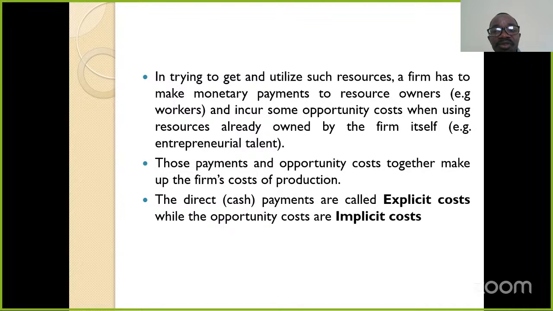That building would have been rented out for a certain rental fee that you'd be getting. So you are losing that rental fee. That's a cost for you. So it's an opportunity cost. You are not directly paying, but you are foregoing that opportunity. So these are 2 kinds of costs that we actually incur in a production process.